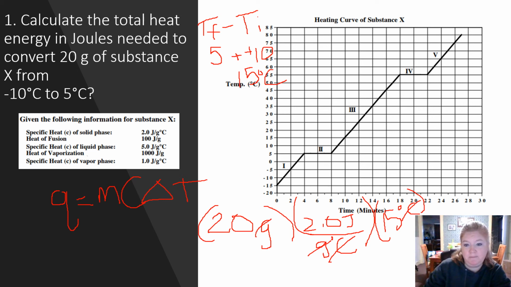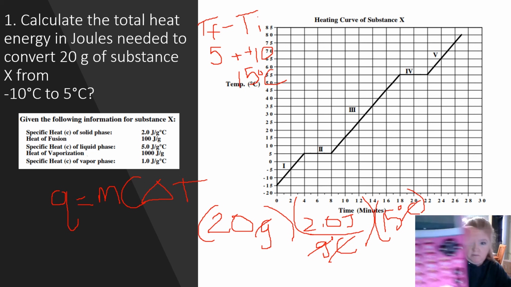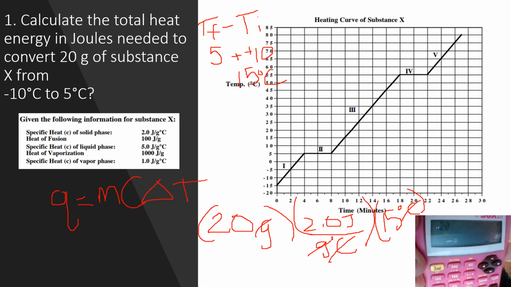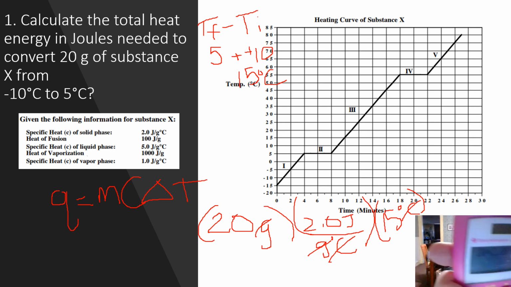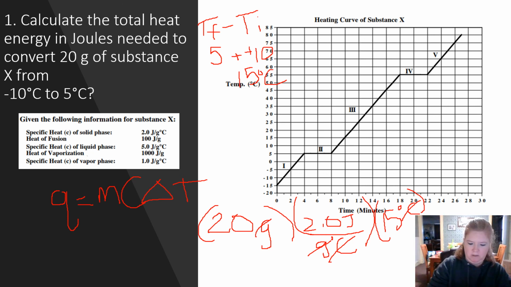So I do this. 20 times 2.0, so that's first, 40, times 15.